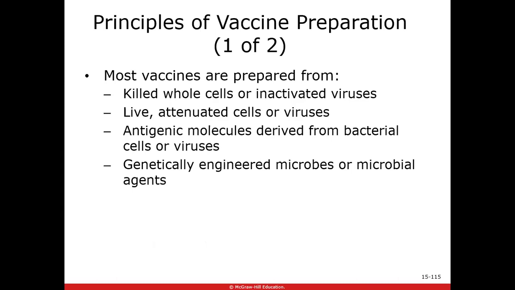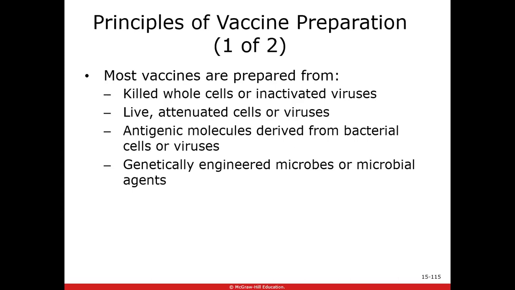Okay, let's look at how vaccines. Most vaccines are prepared from killed whole cells or inactivated viruses. So most of them are made from, they just kill it, take pieces of it that will elicit immune response, and that's what they make the vaccine from.